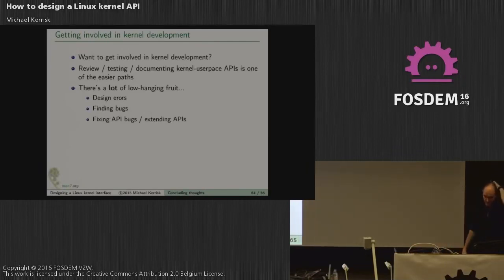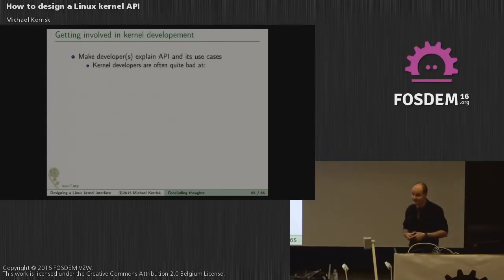If you want to get involved in kernel development, I would say the stuff I've talked about here is one easy path. In terms of reviewing and testing and documenting APIs, there are a lot of ways to get involved with the kernel. There's a lot of low-hanging fruit, a lot of design errors that are easily found, a lot of bugs that are easily found, and actually often easily fixed.